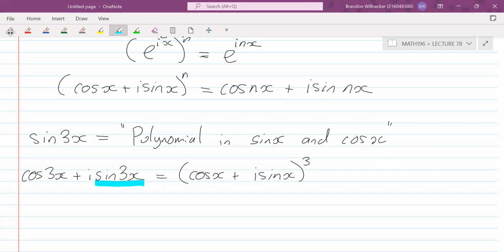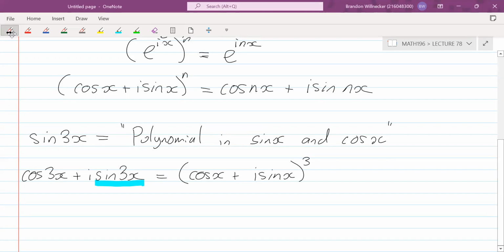If we then find the imaginary part on the right-hand side, that will give us the expression for sin 3x. If we find the real part of the right-hand side, that gives us the expression for cos 3x. So we end up getting two for one. But we're only interested in sin 3x in this case.